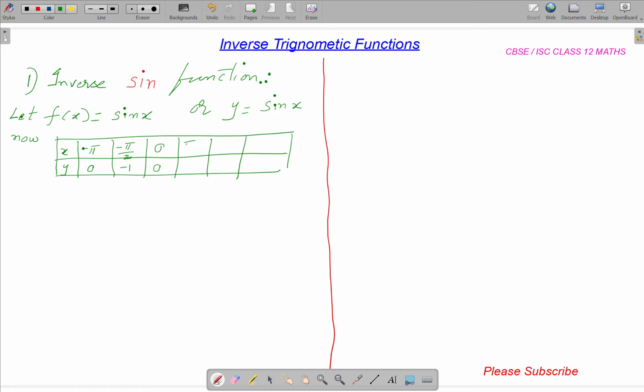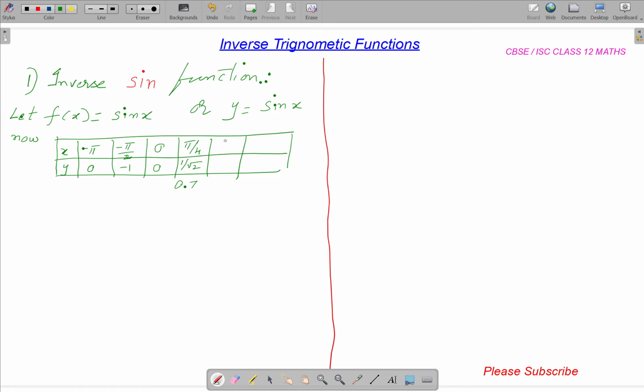X is equal to pi by 4, then y is equal to 1 by root 2 or 0.7.